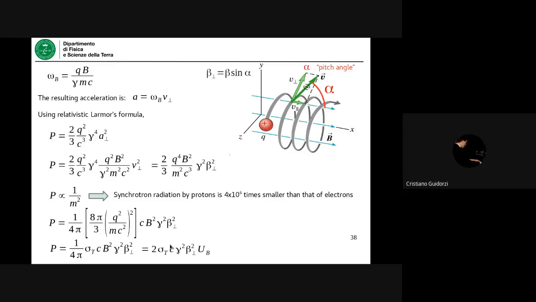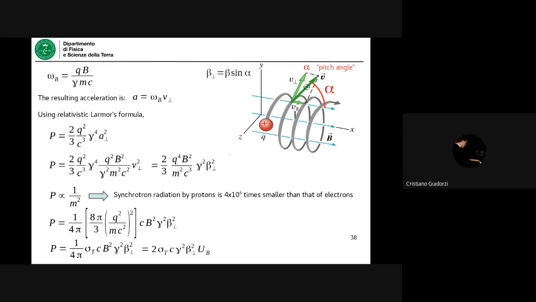What is important to remember, if you don't remember the coefficient, never mind. What you should nevertheless remember is the dependence on the Lorentz factor. This is really important. You see there is a square dependence. You double the Lorentz factor, the synchrotron power gets 4 times larger.